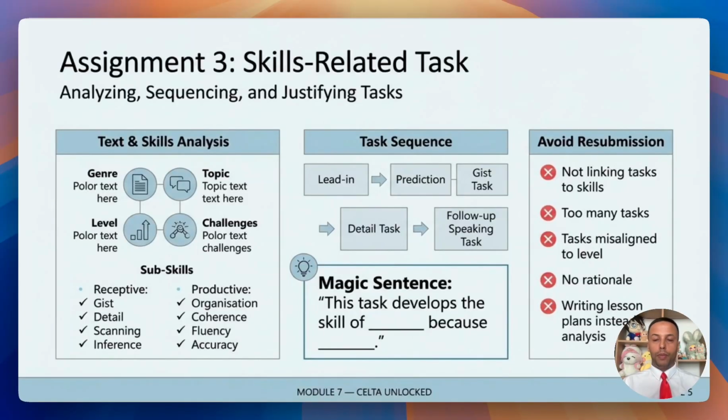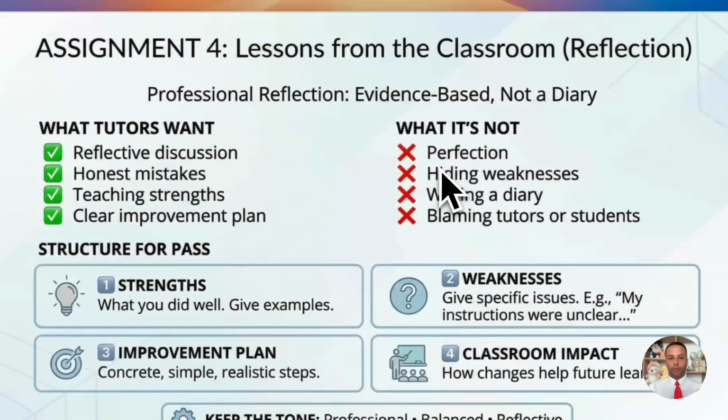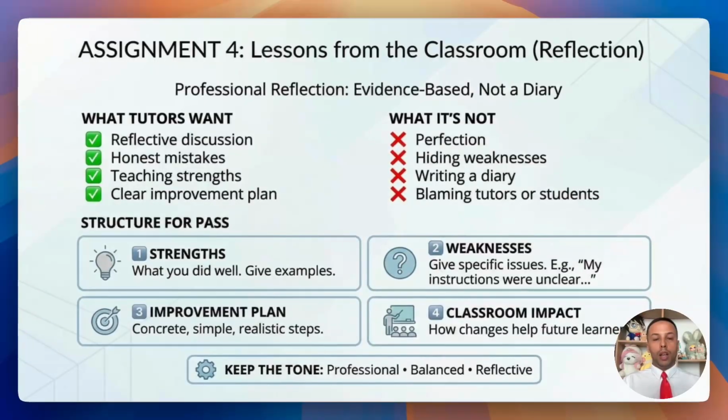Assignment 4, the reflection on your own teaching. Assignment 4, as we said, is about your teaching practice. This is professional reflection, evidence-based, on your real situations, real conditions, real teaching practices, not emotional.